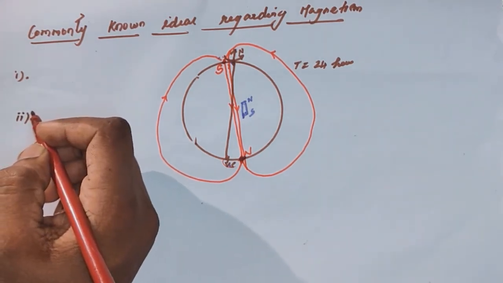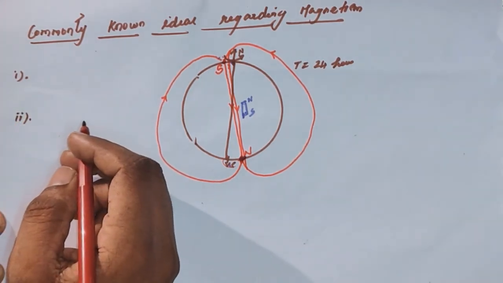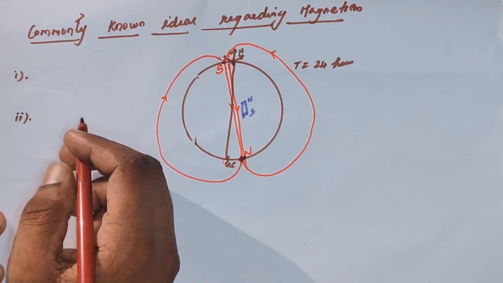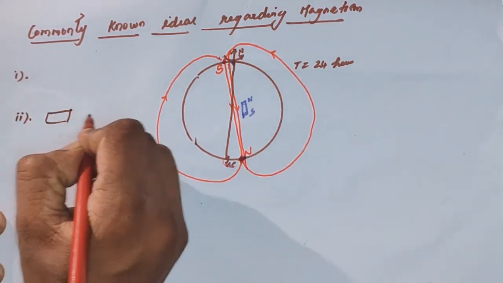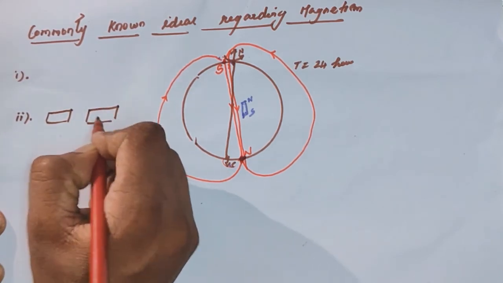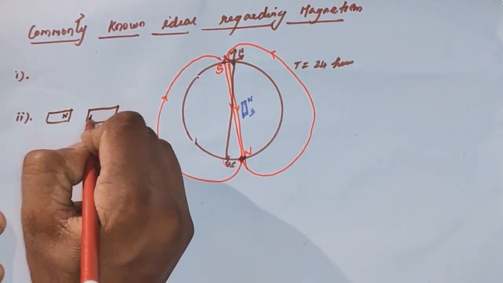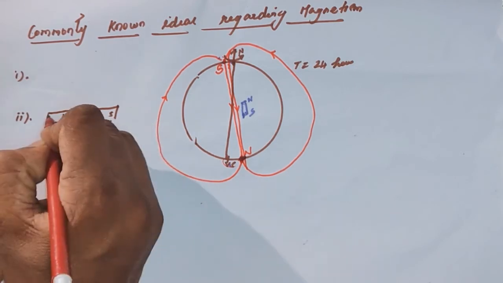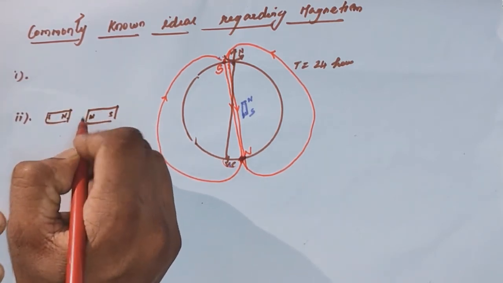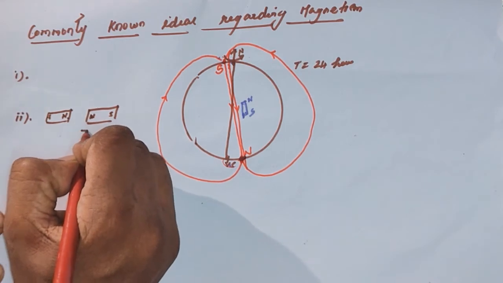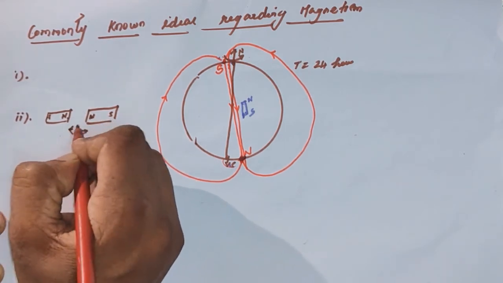there is a repulsive force when the north poles of two magnets are brought close together. Suppose you bring two bar magnets, with north and south poles on each. North poles will repel each other, and you will feel the repulsive force between them.